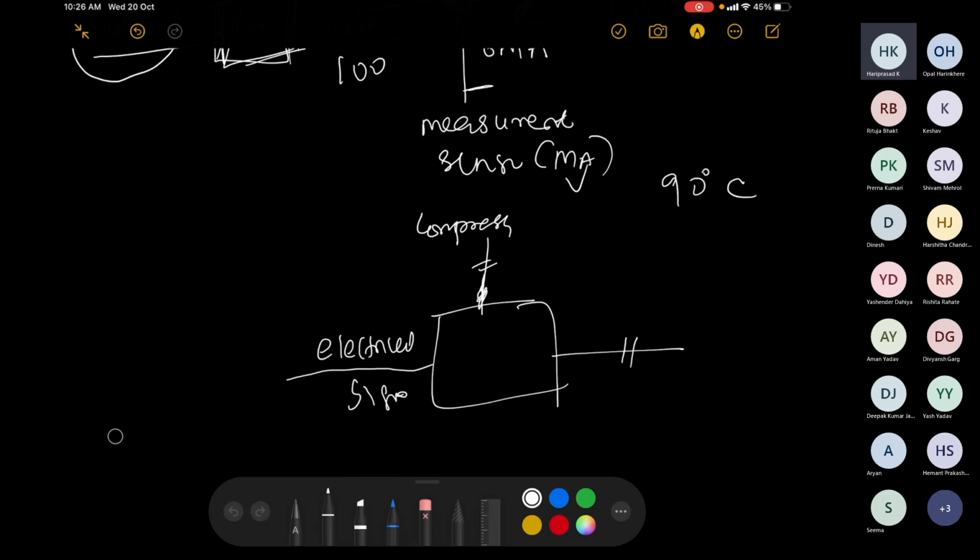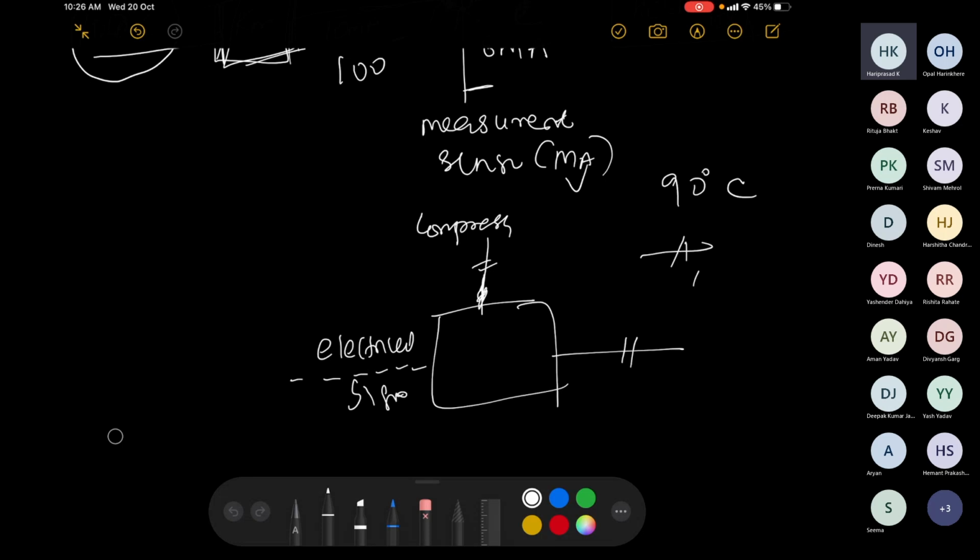So this is the indication of a pneumatic line, while this is an indication of an electrical signal. If you put two cuts on a line, in a control sense, it indicates that it is a pneumatic line.